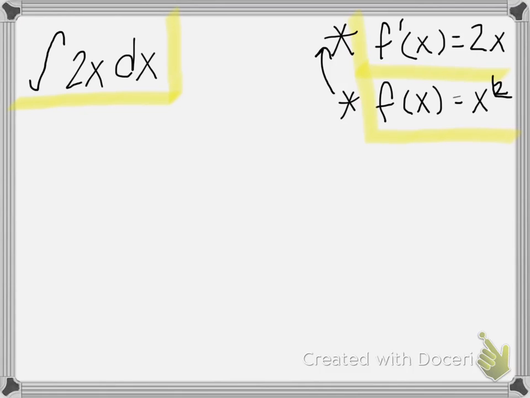So as far as the integral, since we have a constant out front, or times x, we can pull the constant out, which just leaves us with x dx.